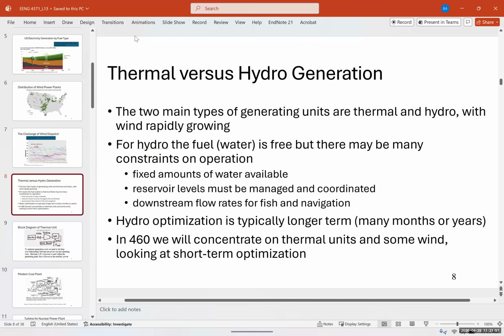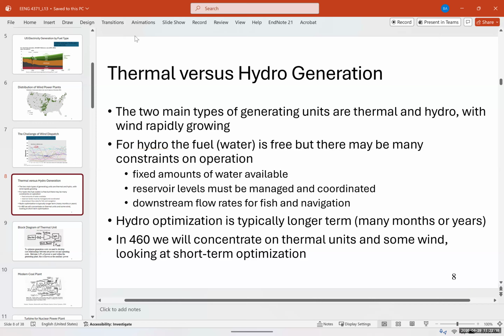You have to maintain minimum downstream flow rates for fish migration and navigation as well, and also agriculture. Because of these complex long-term constraints, hydro optimization is typically done over months or even years. It is much more of a planning problem than a real-time dispatch problem.